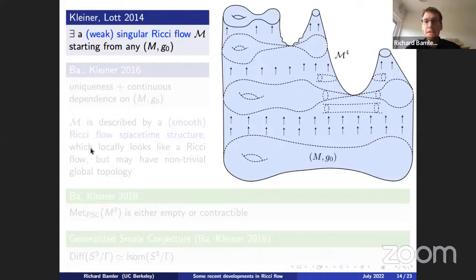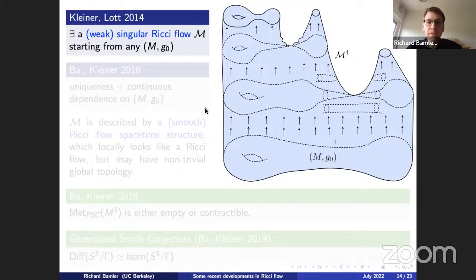And this was indeed done in work of Kleiner and Lott. In this work, they showed that there is a weak singular Ricci flow starting from any initial condition. They did this by constructing a sequence of Ricci flows with surgery with smaller and smaller surgery scale, and then applying a compactness theorem and showing that in a certain sense, these Ricci flows with surgery converge to some nice singular flow in the limit, or subsequentially converge, right?